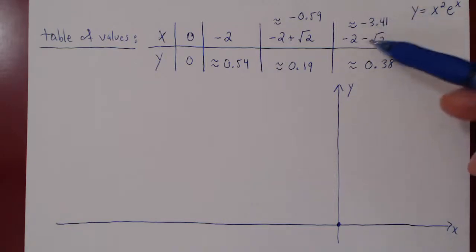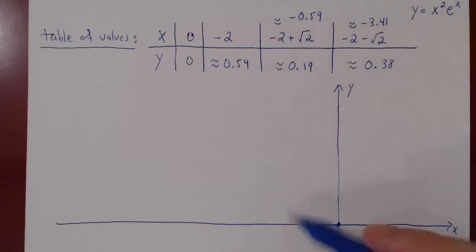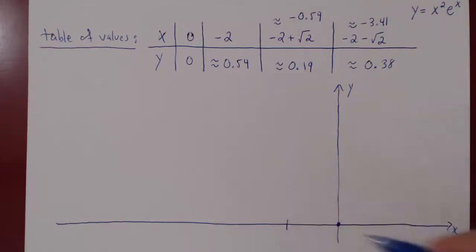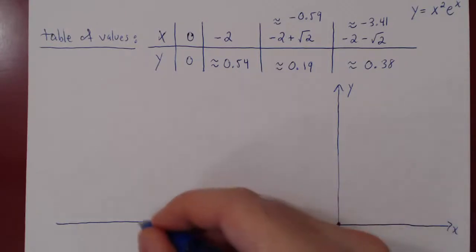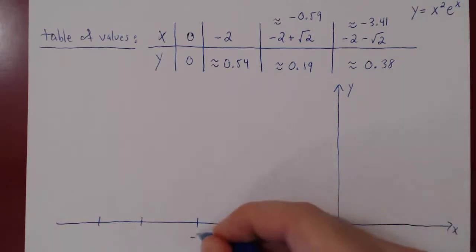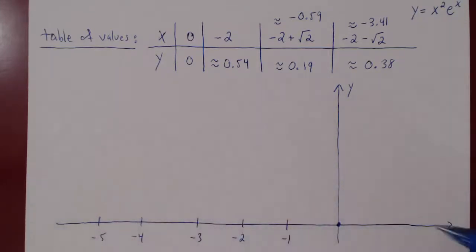So we'll go on our x-axis around negative 4, negative 5. So negative 1, say, negative 2, negative 3, negative 4, negative 5. And suppose this is positive 1.